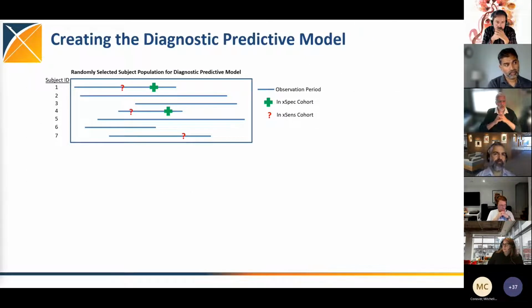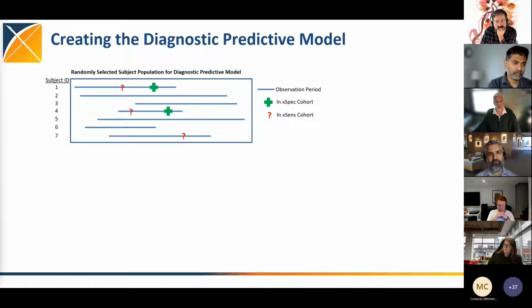And here's how, in the first step, we're creating the diagnostic predictive model. Remember, one of the goals was to make it clean between the people who are cases and the people who are non-cases. So imagine these 7 subjects here. We have 3 subjects who have question marks, who are in the extremely sensitive cohort. We call it the X-sense cohort. 3 subjects, and 2 of those subjects were also in the X-spec cohort.